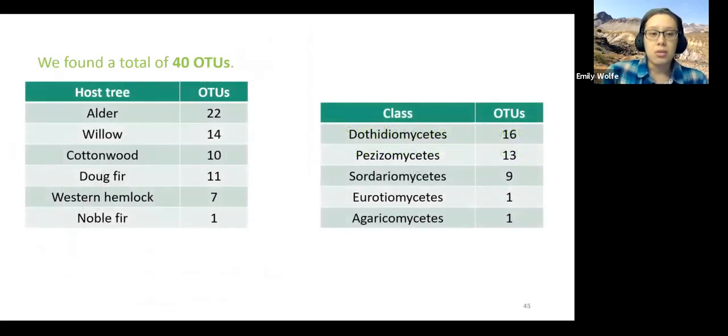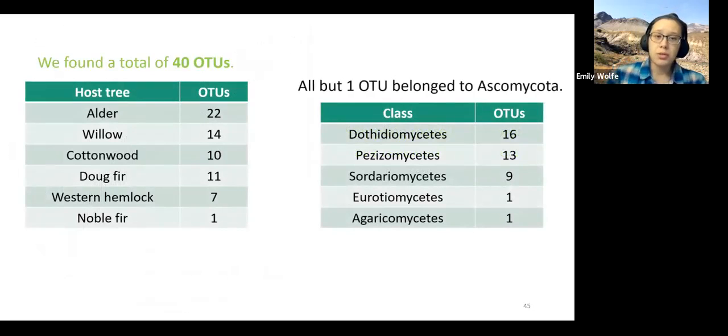We found a total of 40 OTUs, so operational taxonomic units. I have here just the distribution among host trees. You can see here that alder and willow had the most OTUs isolated from them. And then you can also see the class distribution. All but one OTU belonged to Ascomycota. The other one belonged to Basidiomycota.